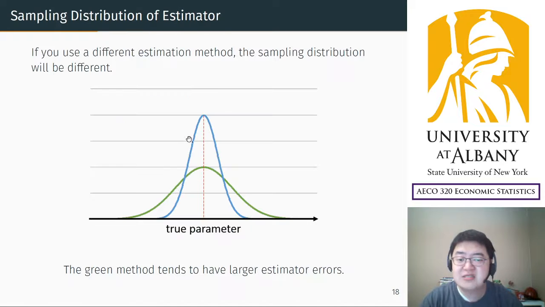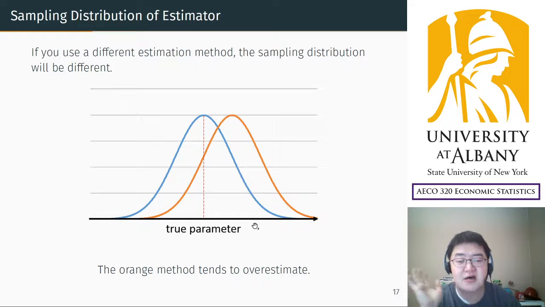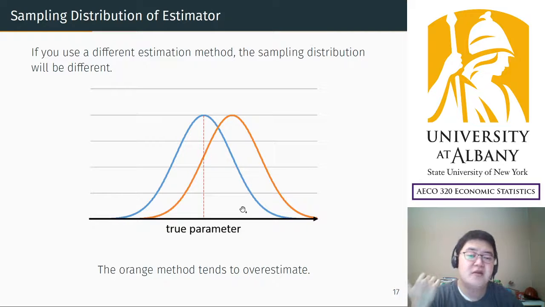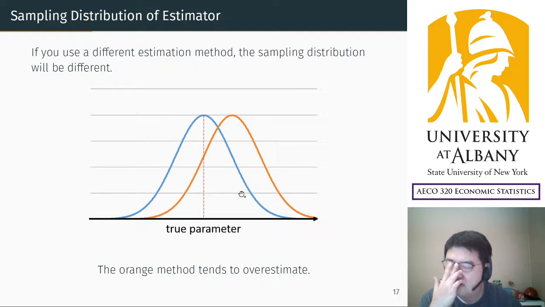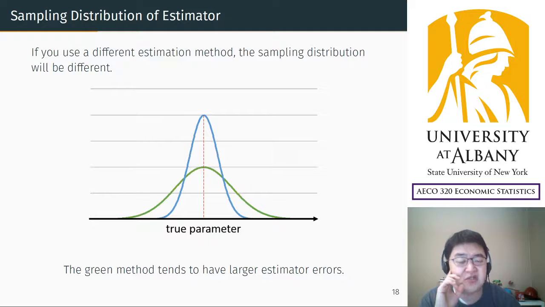So this graph is purely theoretical. What I explained is purely theoretical, and it cannot be deduced from the sample. That's where many students are confused. Remember, the sampling distribution and the location of the true parameter are never observed.